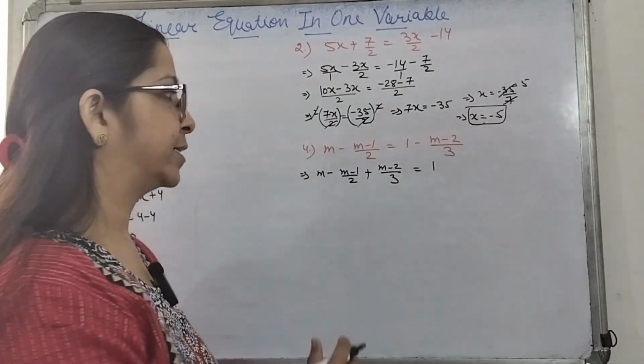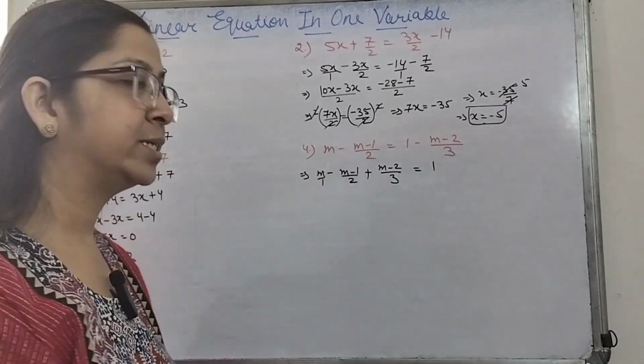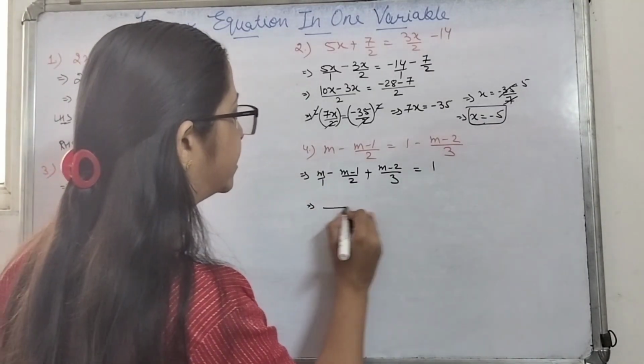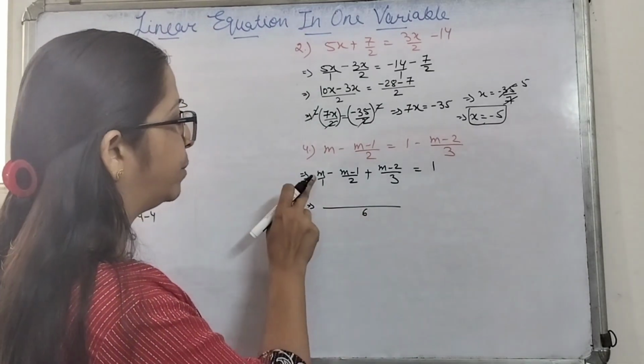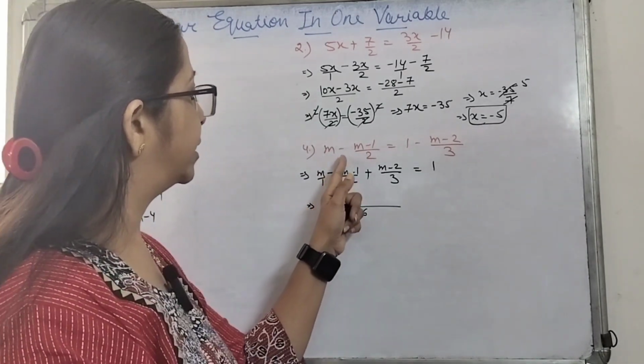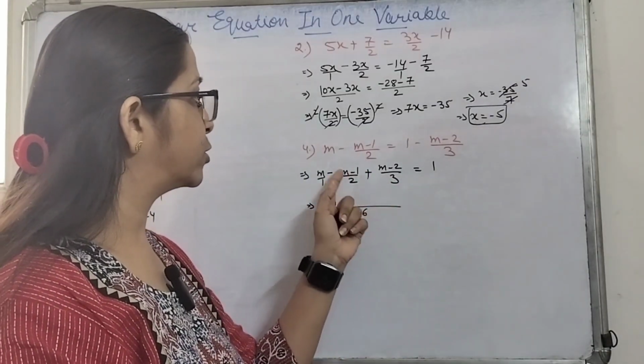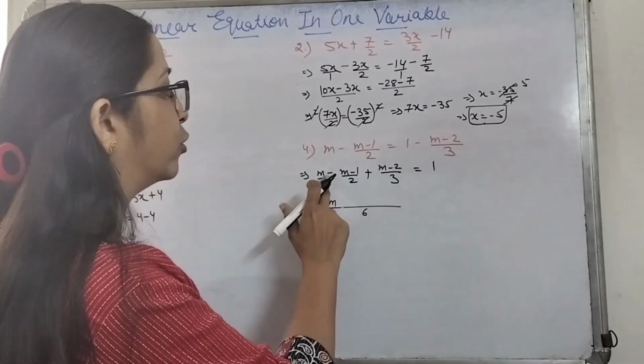Now we will take the LCM. It is m upon 1. So the LCM of 1, 2 and 3 will be 6. 6 will be multiplied by m, so it becomes 6m. Now this part will be multiplied by 3, since 2 threes are 6, along with the minus sign.